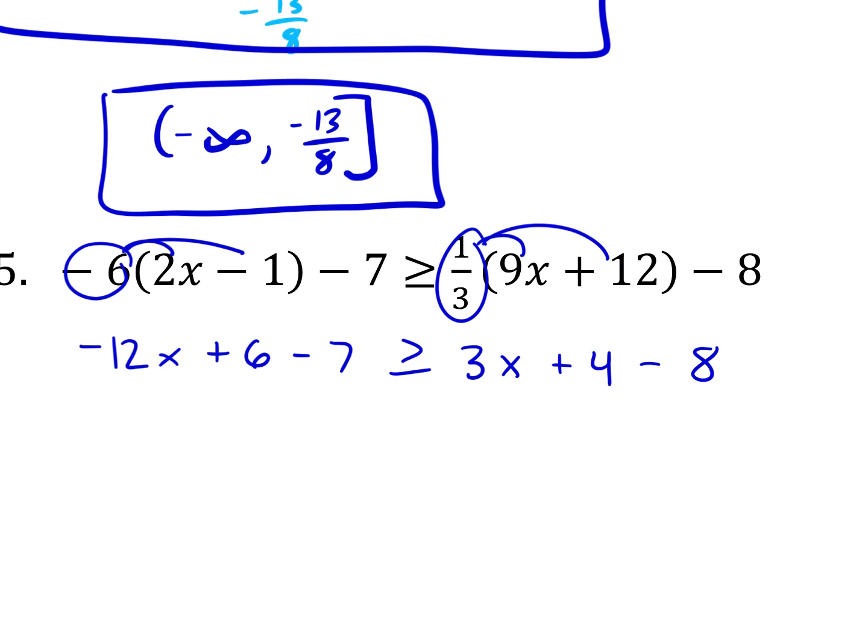What should I do next? Combine like terms. I'm going to combine the like terms on the same side, so we don't flip the signs or anything. We just do exactly what it says. So 6 minus 7 would be -1. And 4 minus 8 would be -4.